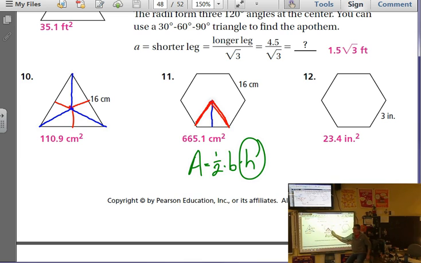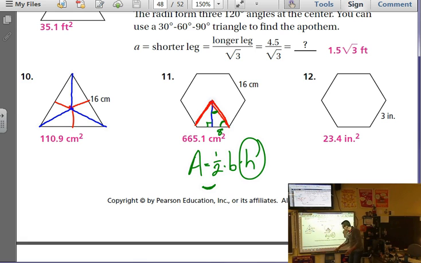So like here for the hexagon, I break this up and I say this whole angle is 60. So what would this smaller angle be? 30. Since I've made a right angle, this must be 60 then. And that solves really nice because I have 30, 60, 90. I know that this edge would be 8 because it's going to be half of the 16. That's a nicer solving one.